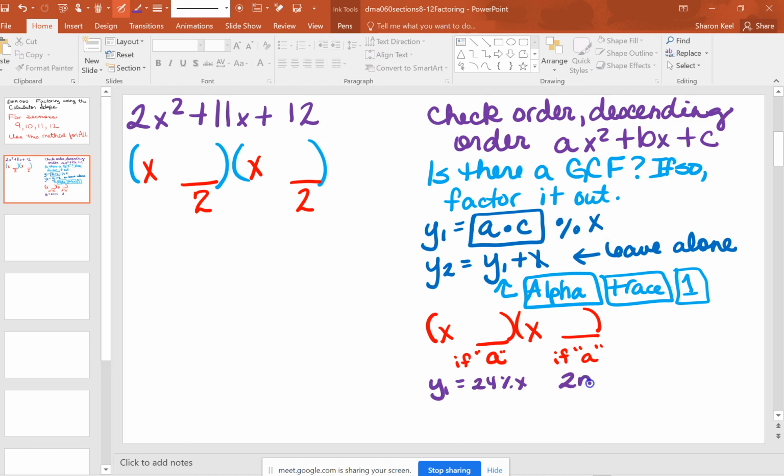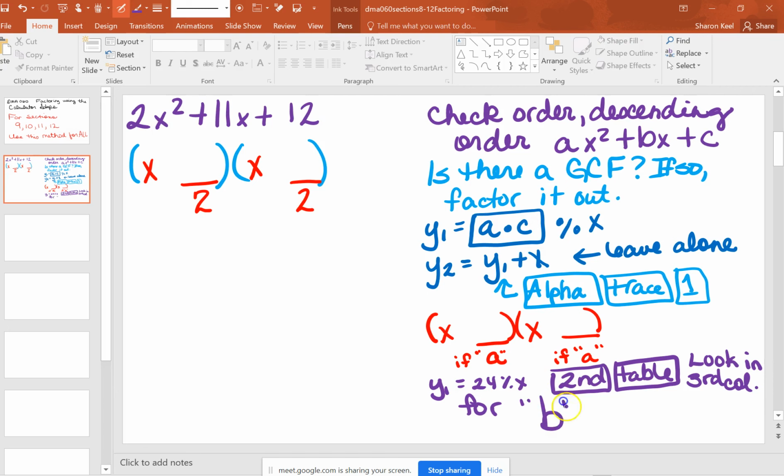Then I'm going to press second table, and I'm going to look in the third column for the b. The b is your middle number. b is the middle number. Our middle number here in this problem is 11.